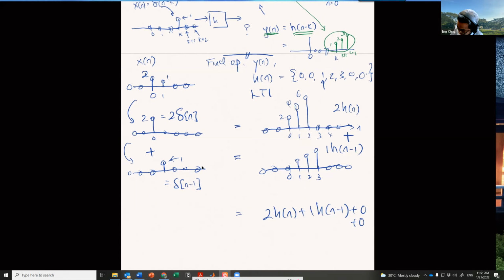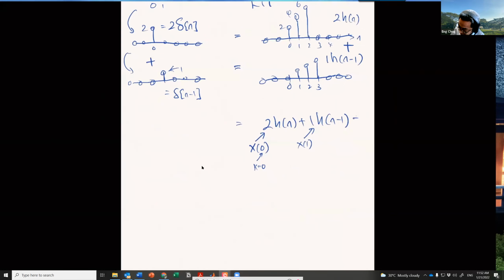So I just throw this away. Now, let us see what is x2 and 1. What is the 2? The 2 is actually x of 0, the value of the input at time index n equals 0, or let's call this k equals 0. This guy is x of 1.